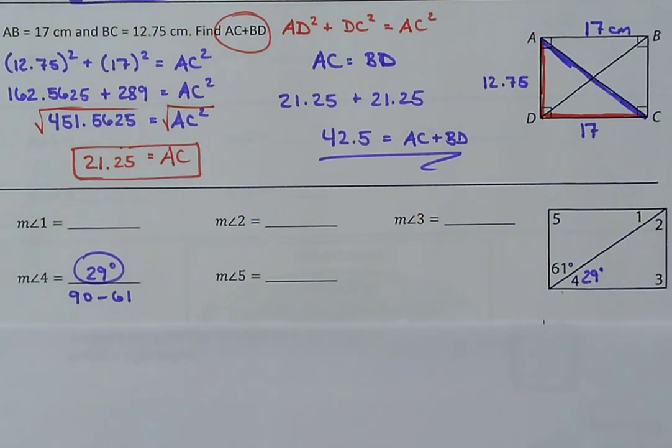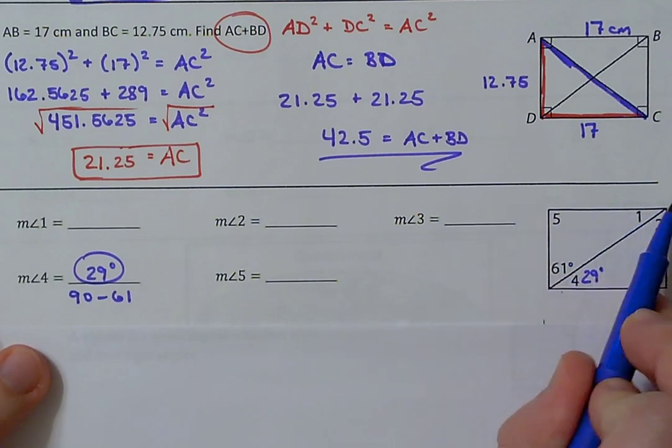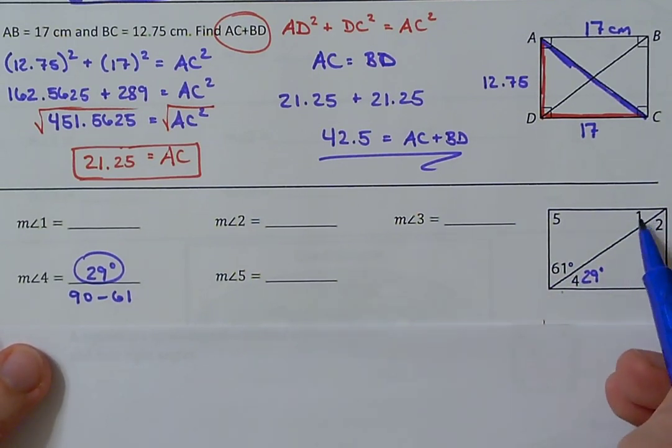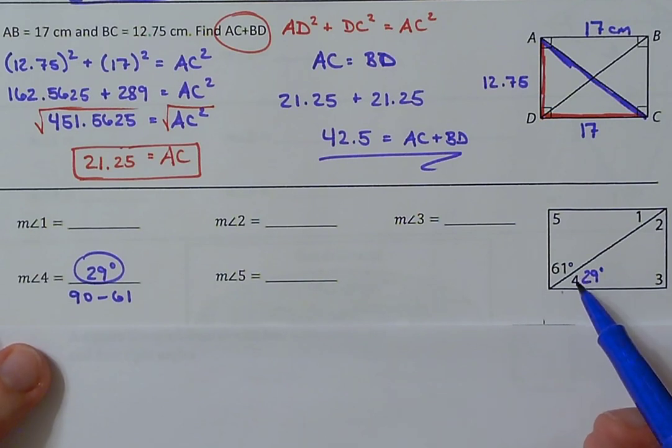All right, if we go from there, let's take a look at angle 1, since it comes before 2. For angle 1, if I have two parallel lines cut by a transversal, angles 1 and 4 are on alternate sides of the transversal, and they're in between the parallel lines, so these two are alternate interior angles, which means that they are congruent to each other.